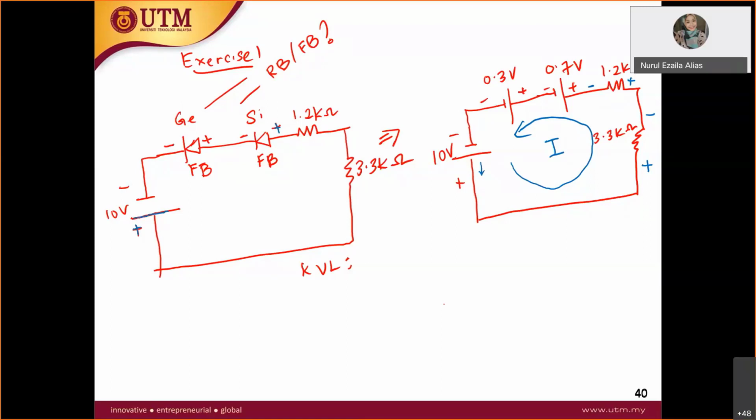Minus 10, and then plus this current times 3.3K, and then the first terminal plus current times 1.2K.